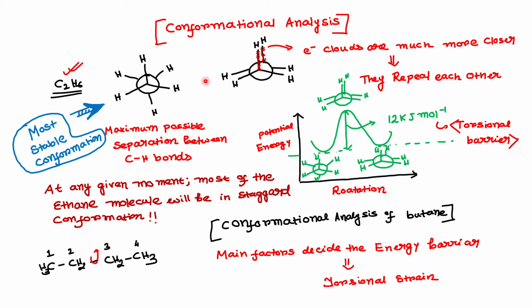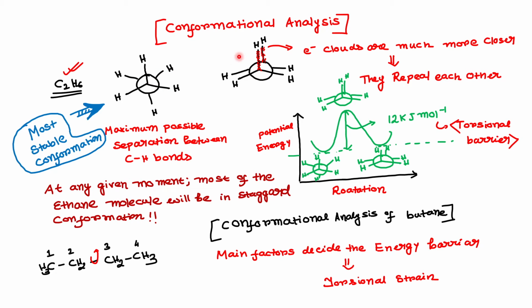First of all, let's see the staggered conformer of the ethane molecule. The staggered conformer is the most stable conformation for ethane. Why is that? Because there is maximum possible separation between these CH bonds.